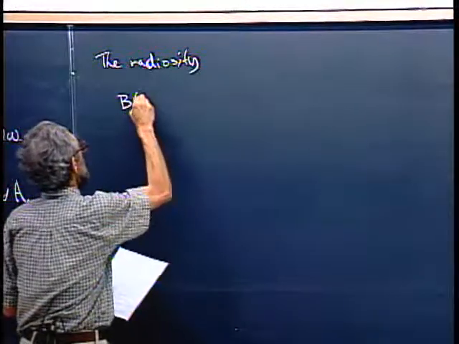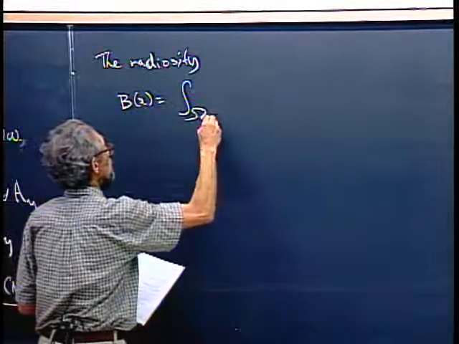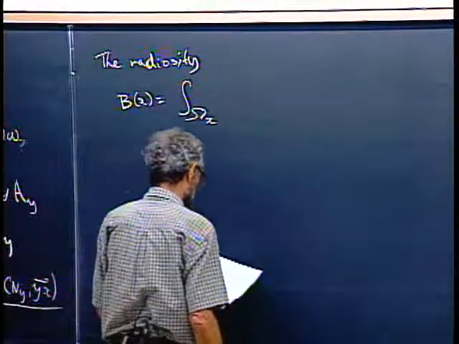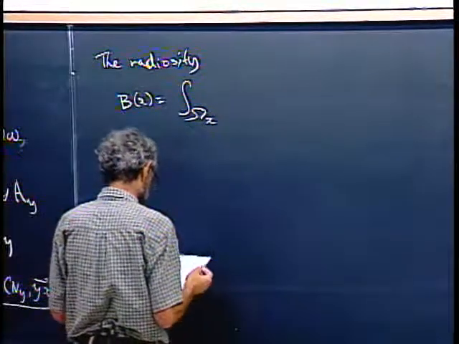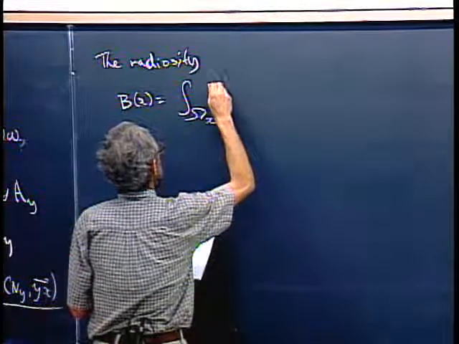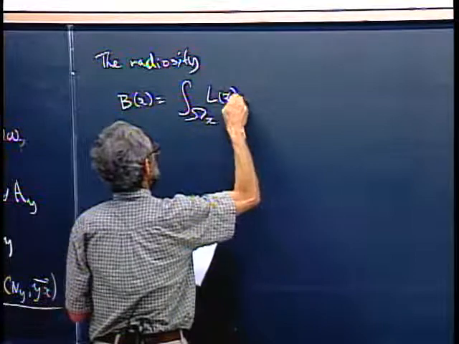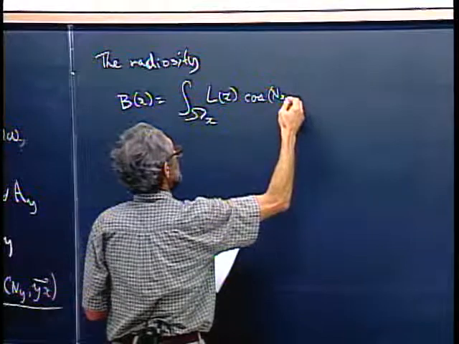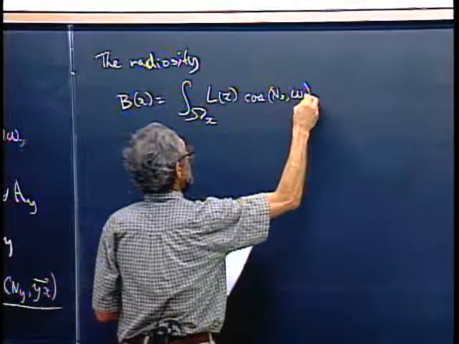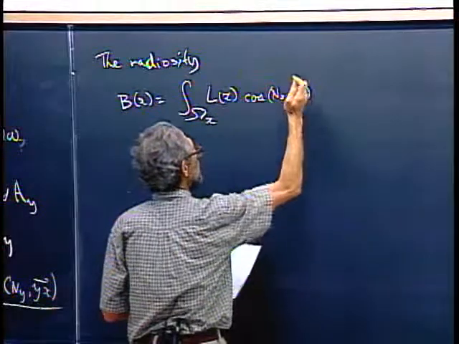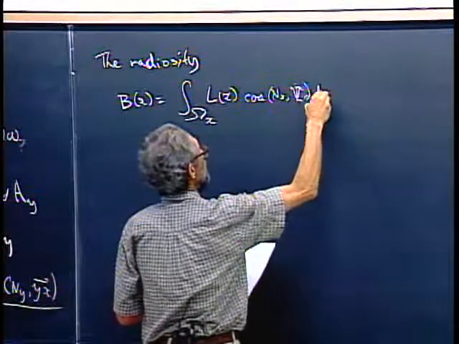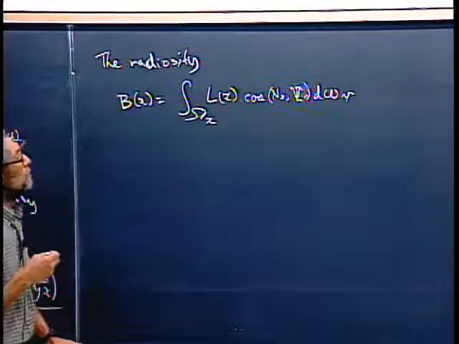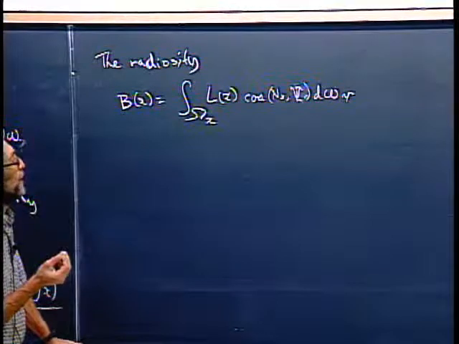So B, the radiosity of x, equals the integral over the hemisphere above x of L(x), and we have to have that cosine of n_x. Let's call the direction psi, with d omega psi. So that's the total flux leaving per unit area.